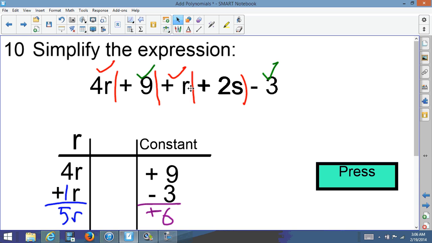Notice they're checked off. Our constants are checked off. The only thing we don't have checked off is our s column. So let's get our s's in there, make a title heading for them, and we'll put them in there, right in the middle. And now we'll grab our positive 2s or plus 2s and put that in there, and let's check them off.